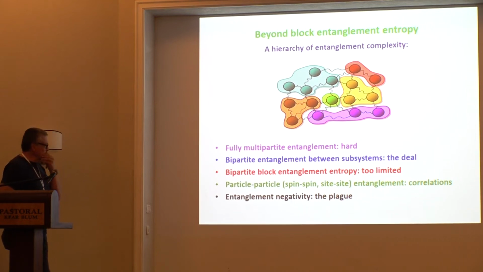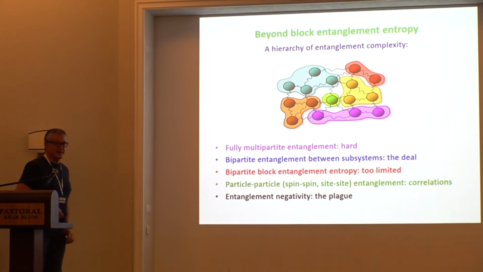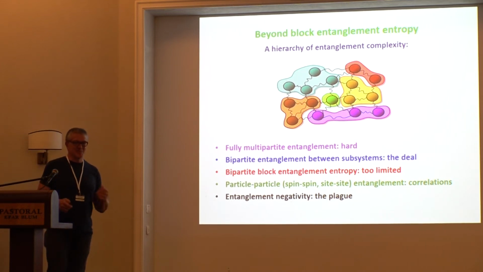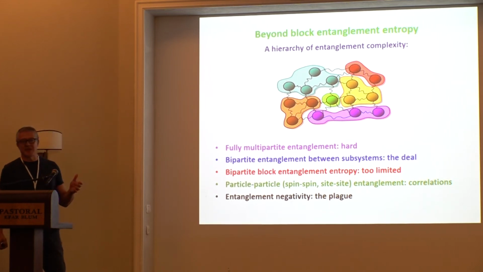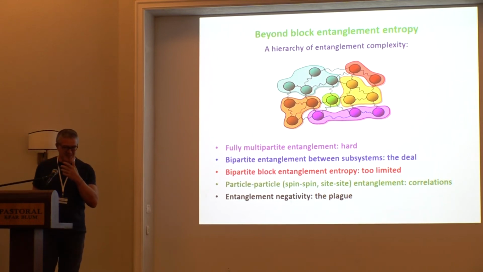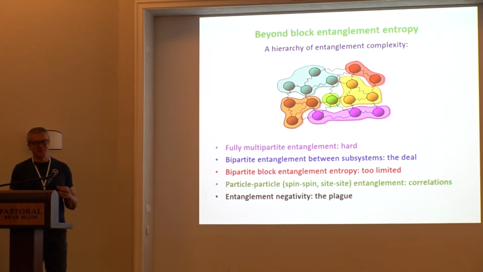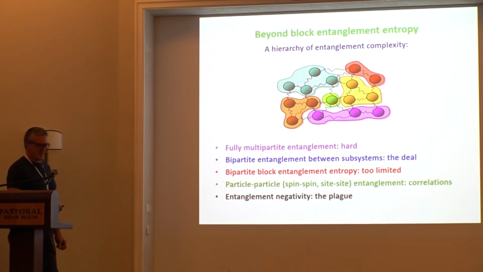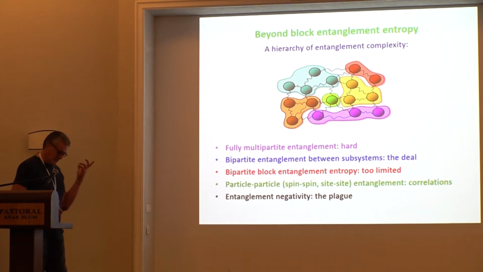And then, unfortunately, in the quantum many-body community in the last years, there has been a plague going on, which is the entanglement negativity. And everybody uses it because it's extremely simple to compute. And people draw very general conclusions about the dynamics and the statics of quantum many-body systems using the negativity, which is defined on all states, also mixed, so that it does not have the problem of the von Neumann entropy of not being well defined as an entanglement measure for mixed states, so that's okay.